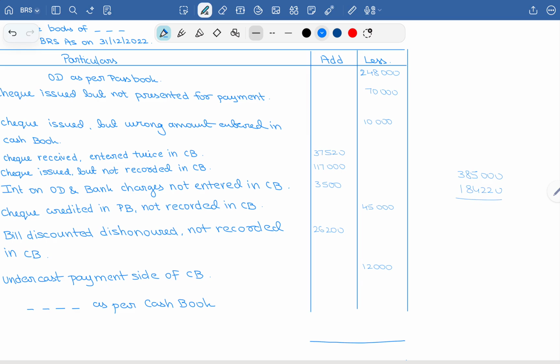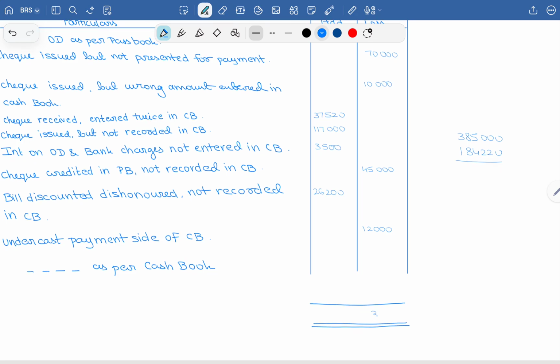The less side is heavier, so I will write it as it is, 3,85,000, and the add side also has to be 3,85,000. The balancing figure I have to write here. Less side is heavier, that is why I will call it bank overdraft as per cash book. The difference is 2,00,780. This is the balance as per cash book.